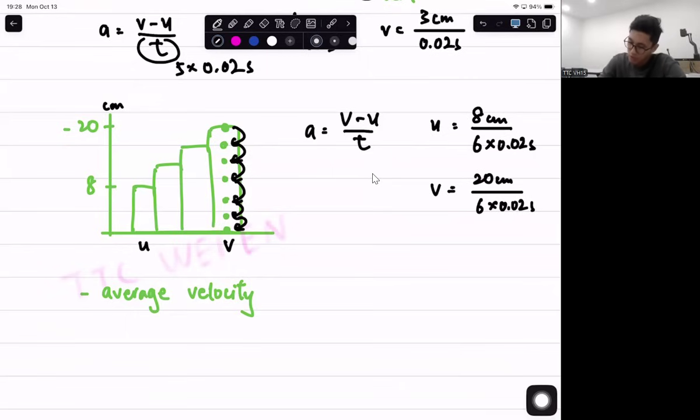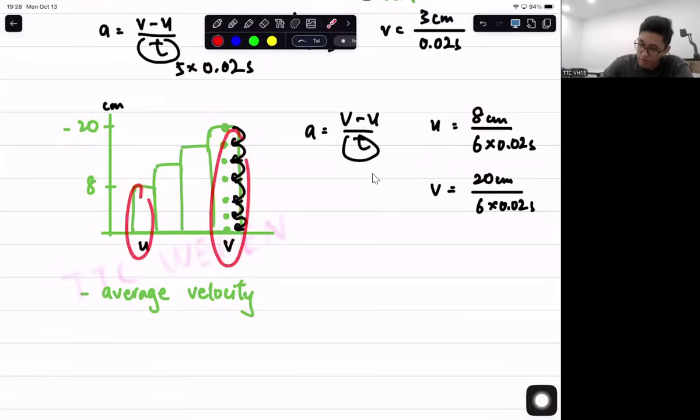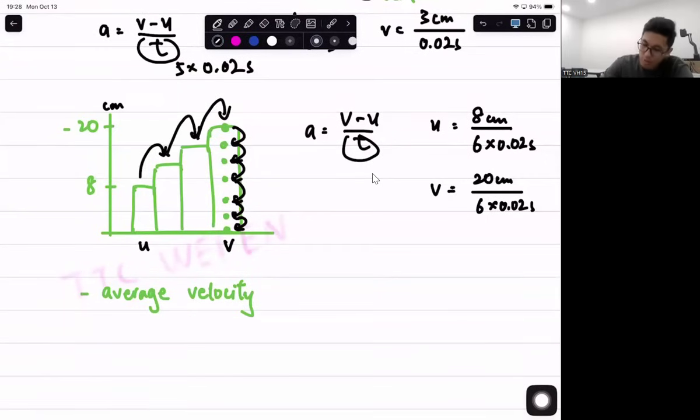Right? So now you can take your U, put in here. You can take your V, put it in here. The T, again, let me show you how to measure the T. From here, jump to the V. From the U, jump to the V. So this is 1 jump, 2 jumps, 3 jumps. So this is 3 jumps. Every time you jump, you are going through the whole strip.